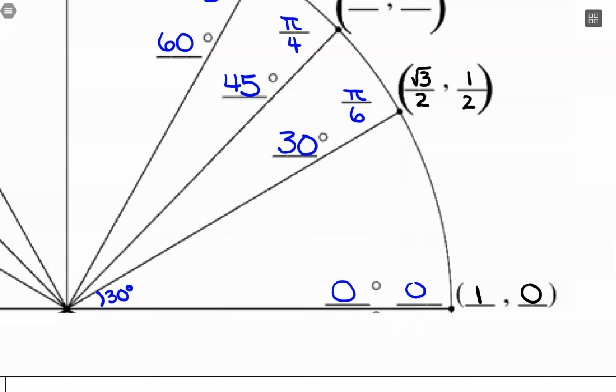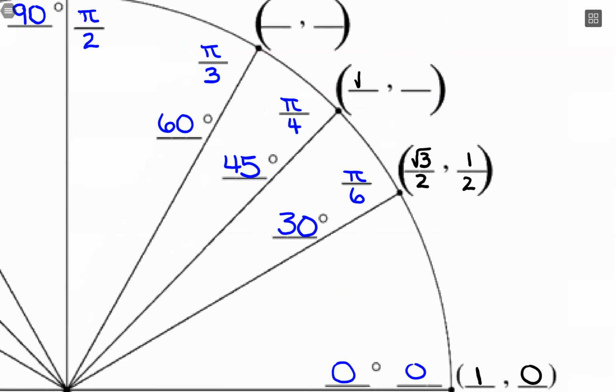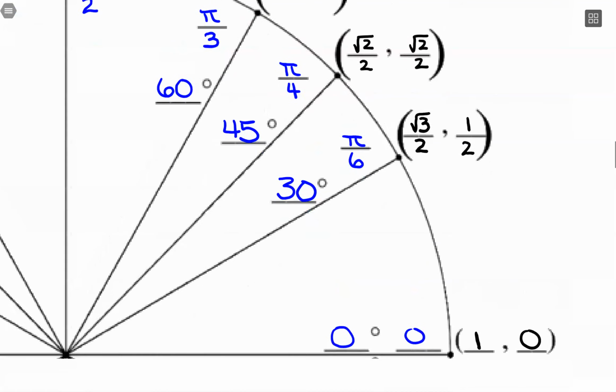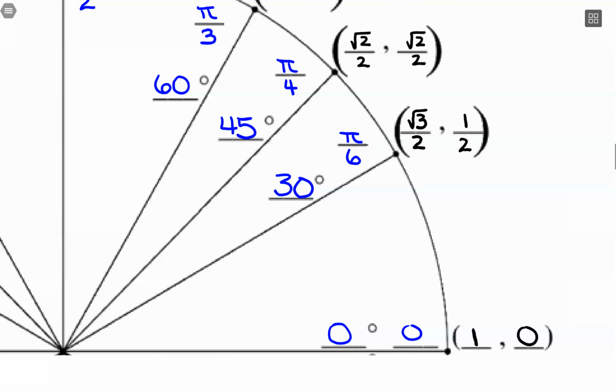Then, I'm going to erase that piece, we would have our 45, 45. Our side lengths were the same there, so that's root 2 over 2, root 2 over 2, and those would be the two coordinates. And then our last one is the 60 degree.